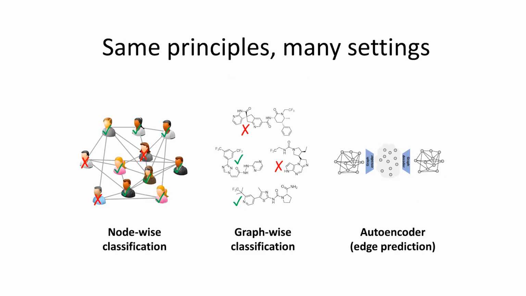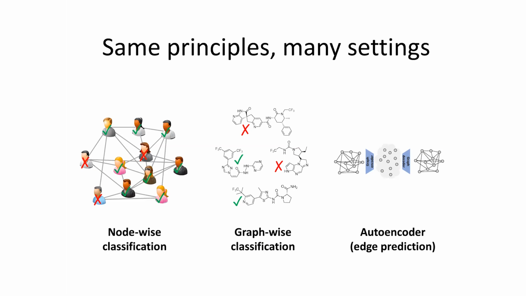As with classical architectures, we have building blocks which we can combine into a single architecture that can be used to address different tasks. Several tasks that we can consider are node-wise tasks, such as classifying the nodes of a graph, classifying the entire graph, such as a molecule, where you would like to predict its properties, and autoencoder type architectures where you want to embed the nodes of the graph, and from this embedding, for example, try to recover the structure of the graph.